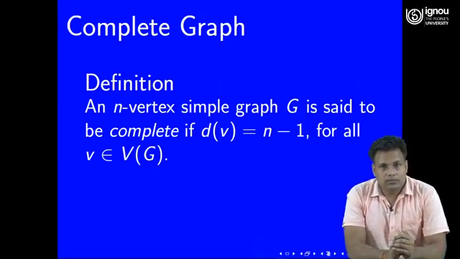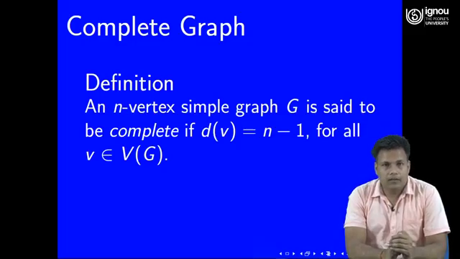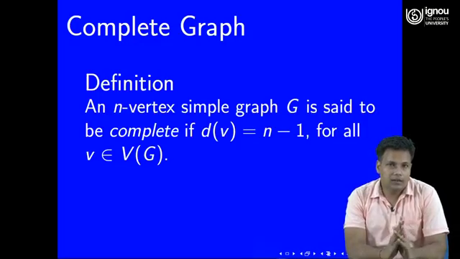Now there is a concept of complete graph and null graph. We shall see what we mean by a complete graph. An n vertex simple graph G is said to be complete if the degree of v is n minus 1 for all vertices v of G. That means if each vertex of the graph is adjacent to all the remaining vertices, then the graph is called a complete graph.